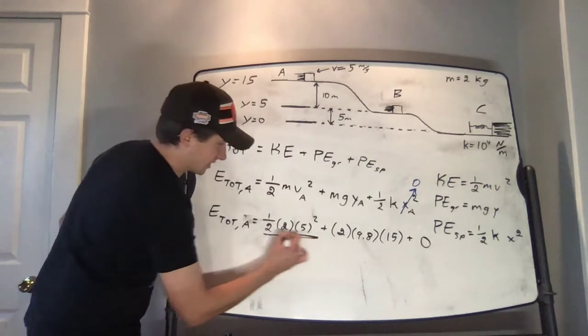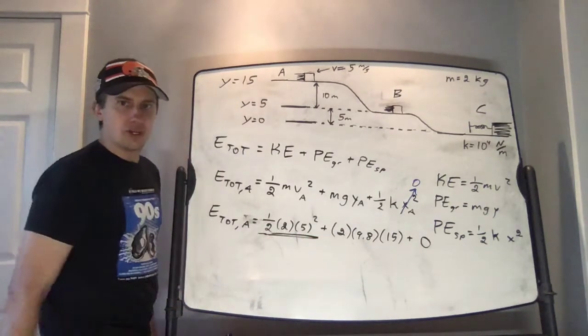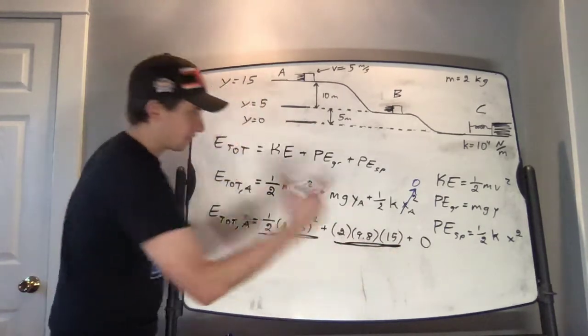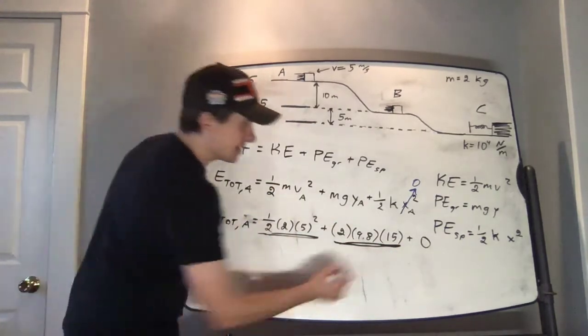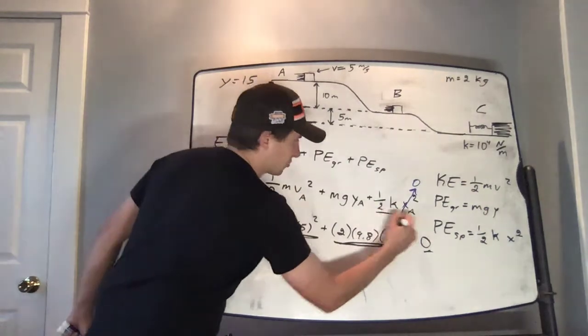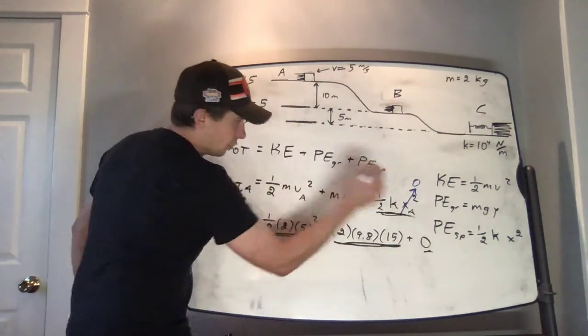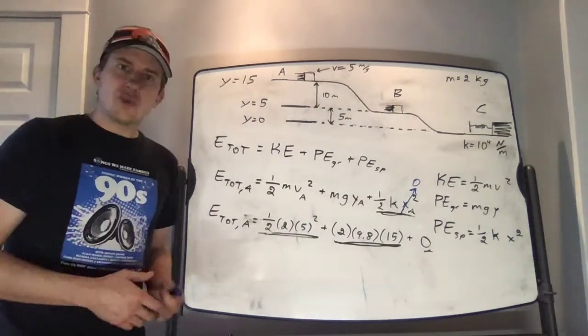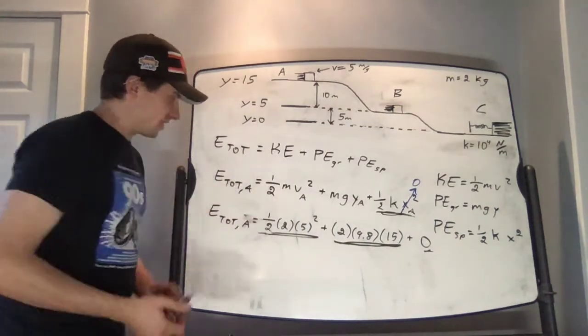This term is the kinetic energy of the box at moment A. This term is the potential energy of gravity of the box at moment A. And this term is the spring potential energy at moment A, which is 0 because the spring had no compression at that moment. So we have these 3 forms of energy.